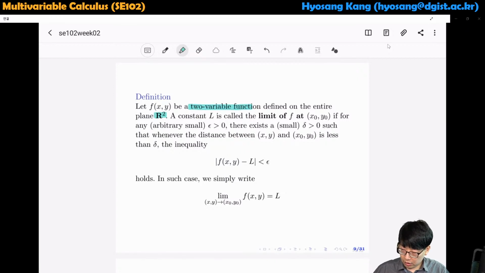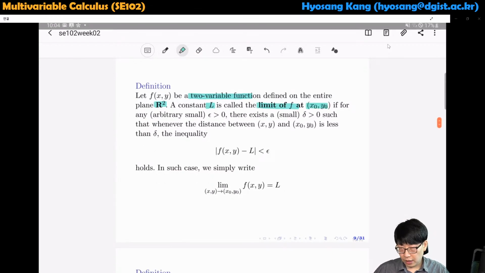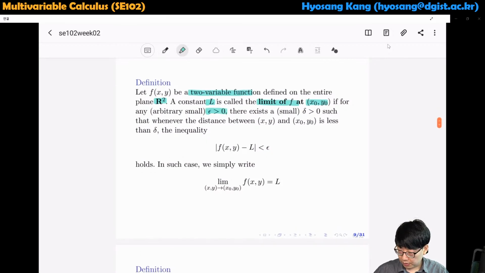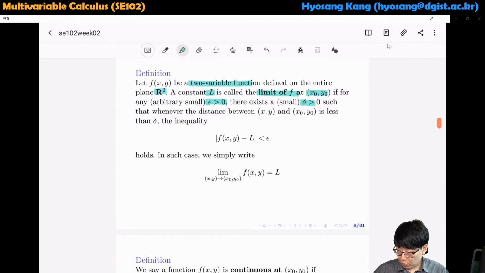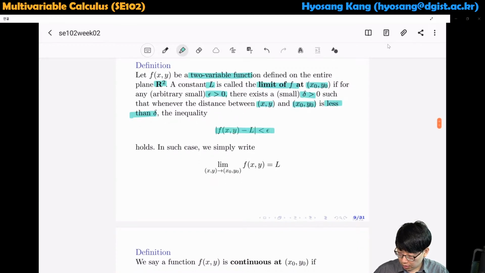We call the constant L a limit of this function at the point (x0, y0) if it satisfies the following condition: for any arbitrarily small epsilon, there exists a small delta such that whenever the distance between (x, y) and (x0, y0) is less than delta, this inequality always holds.